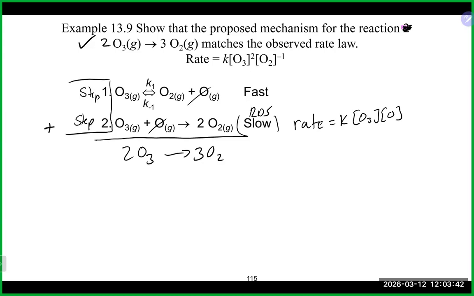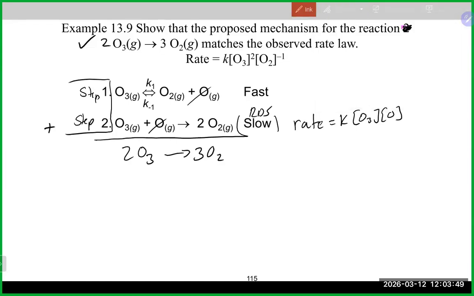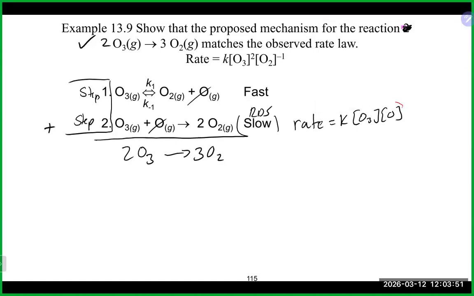At this point we want to compare, but we cannot directly compare, because what we have in our rate law for the slow step is our intermediate. As we saw, that guy completely canceled out in the overall reaction, and that's our intermediate.